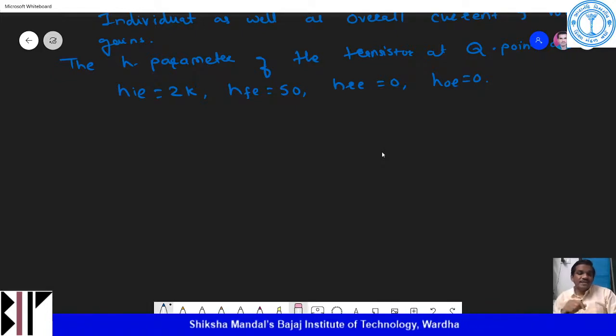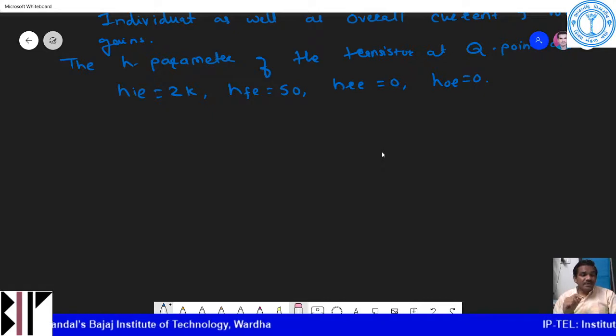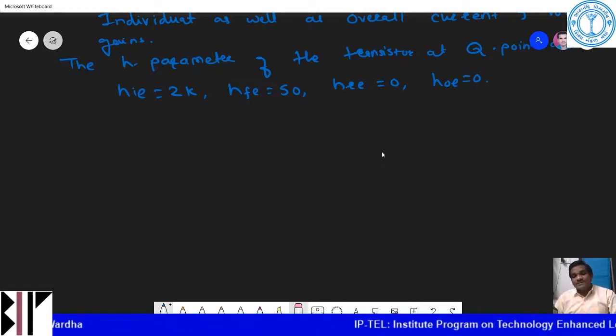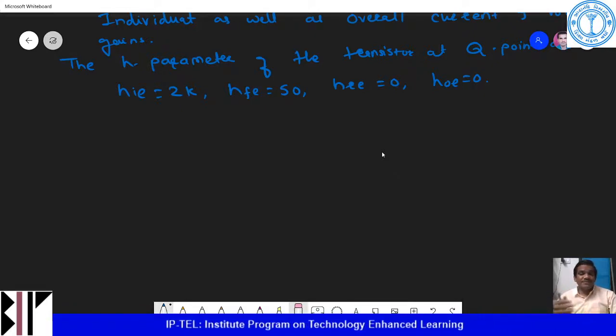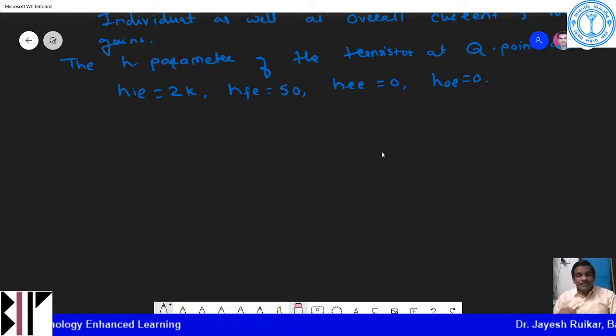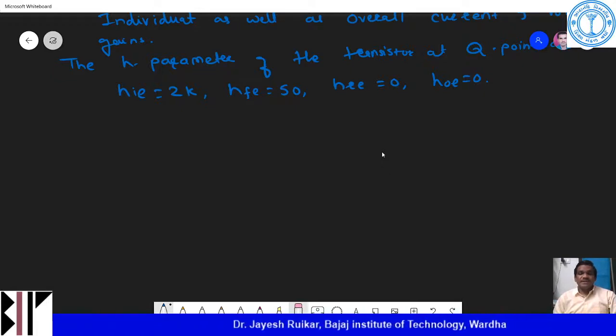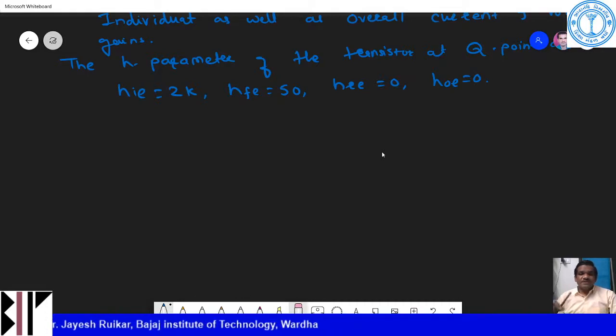Before starting the analysis of this multi-stage amplifier, you should note that the output impedance of one stage is shunted by the input impedance of the next stage, and that's how we need to find all the calculations.